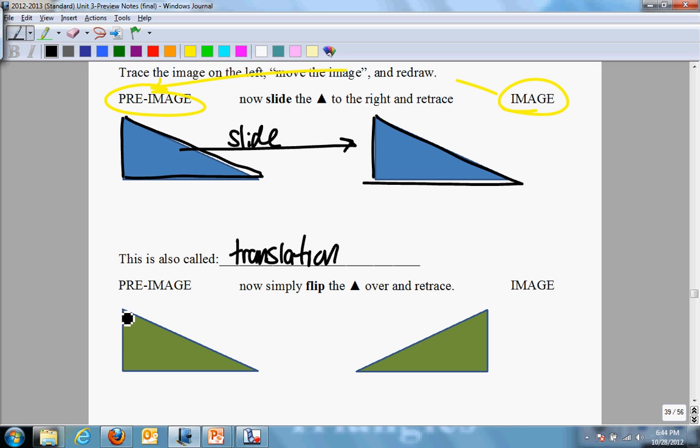Now I'd like you to trace this triangle on the left again. Now imagine if this was a cardboard triangle and you were to flip it directly over, like a flip motion.